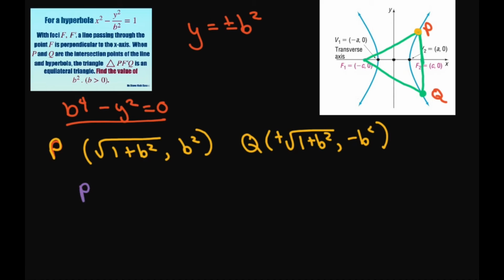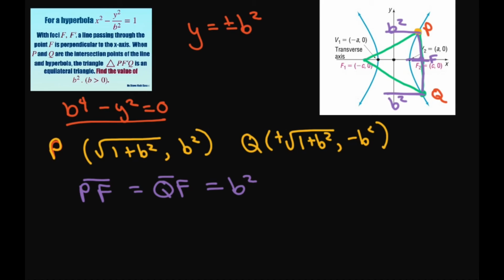Therefore, the length of PF equals the length of QF. So basically what it's saying is this length here, and this is your F, and these two are equal, and they equal b squared, because that's your y value. This would be b squared here, and this is b squared here.